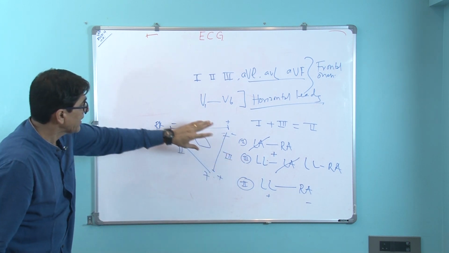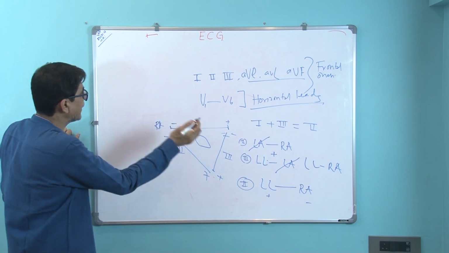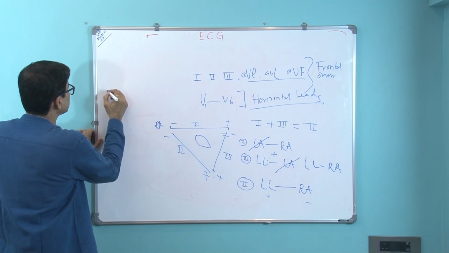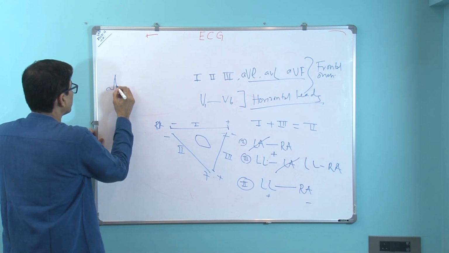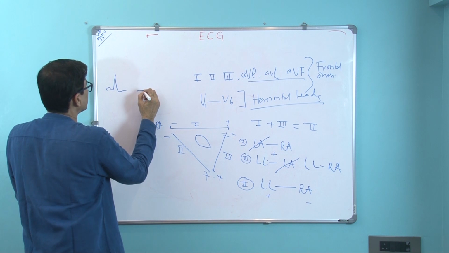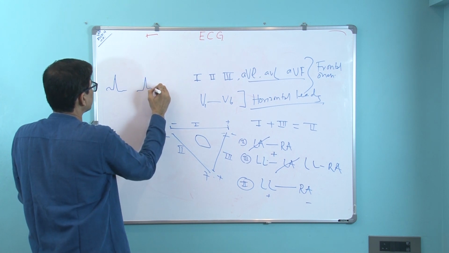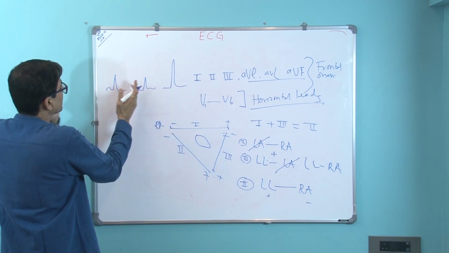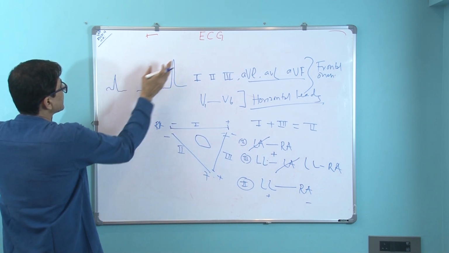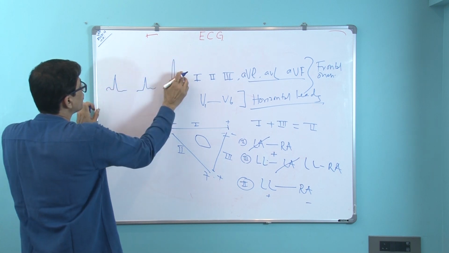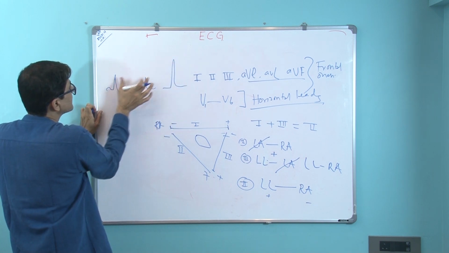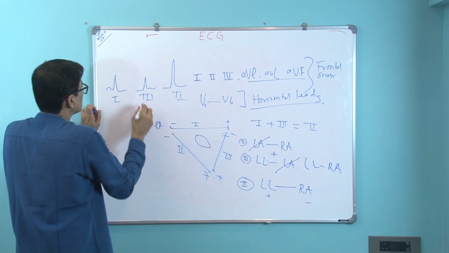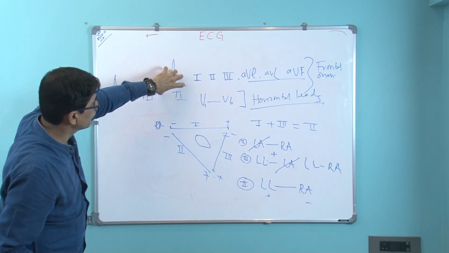If you add the positive and negative deflections of these 2 leads, suppose this is lead 1, this is lead 3 and this is lead 2, then this positive deflection plus this equals this: 1 plus 3 equal to 2.